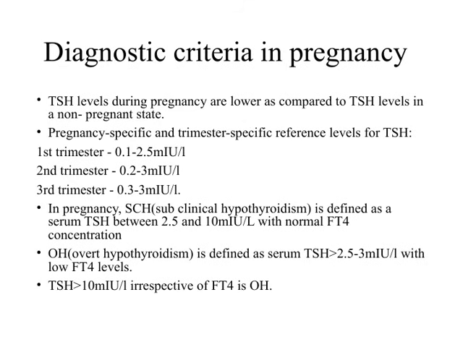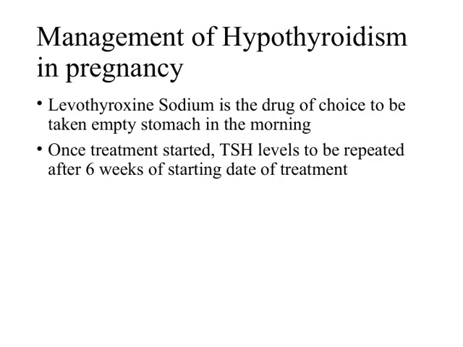Alternatively, if the TSH is elevated but still below 10 mIU per liter, with a normal FT4, we're looking at subclinical hypothyroidism. These distinctions are important because they guide us in management and treatment decisions during pregnancy, ensuring both maternal and fetal health are protected.